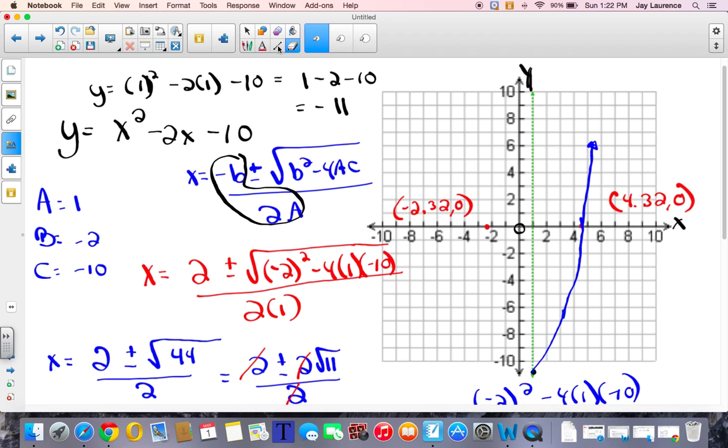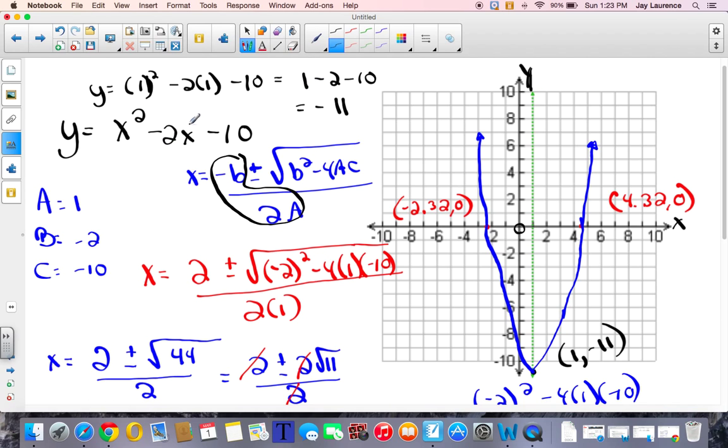Okay, and then on the other side, it should do the same thing. But again, it should look like a smoother curve. All right, if I want to put the vertex labeled there, I think that's really intelligent to do. I'm communicating with the reader.